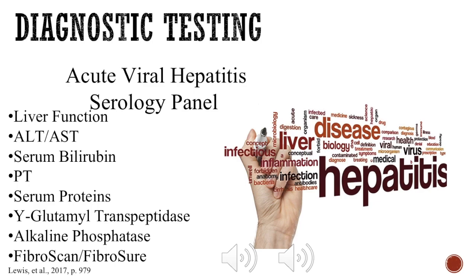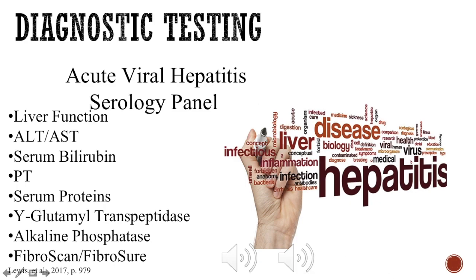And urinary urobilinogen increases 2 to 5 days before jaundice begins, and this is because of diminished absorption of urobilinogen. And finally, there is often a prolonged prothrombin time, and this is because of decreased prothrombin production by the liver.